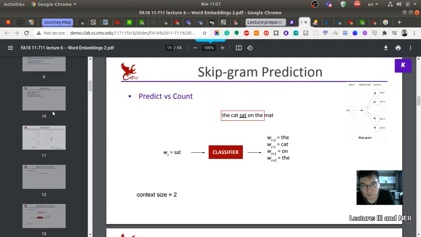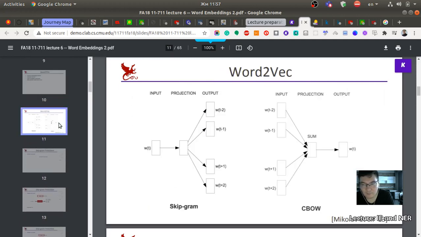You can use skipgram or CBOW. In skipgram you enter the word and you want to predict the words that can be near to it. When you train this network, in the end you take the middle neurons that are in the center. You can remove the other parts and take this part, and it will be the representation of the word.